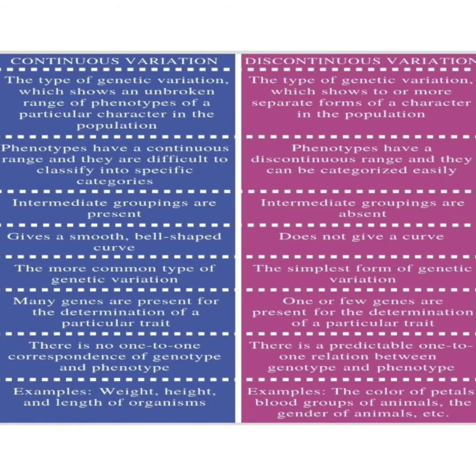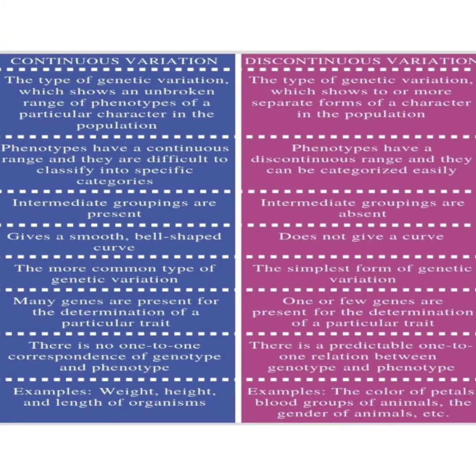What are the differences between continuous variation and discontinuous variation? The type of genetic variation which shows an unbroken range of phenotype of a particular character in the population is continuous variation. Whereas discontinuous variation is the type of genetic variation which shows two or more separate forms of a character in the population.